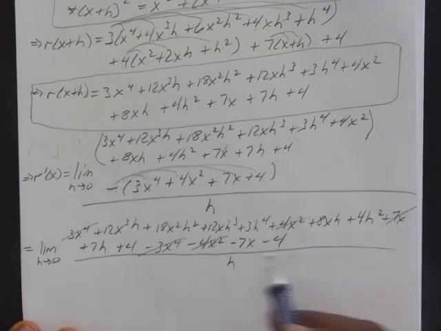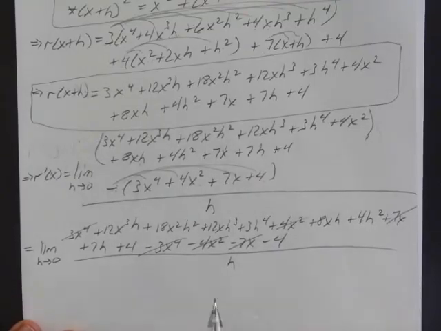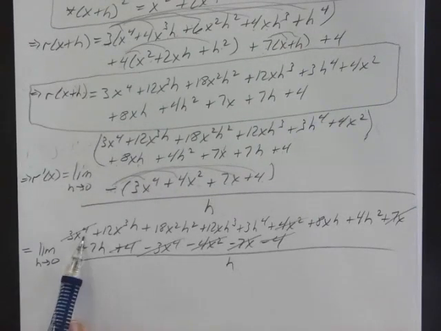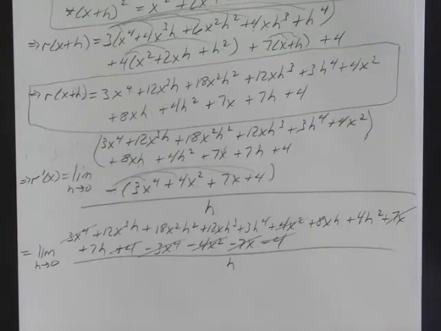You have plus 7x and minus 7x. And you have a plus 4 and a minus 4. So just like before, if you did everything correctly, all the terms that don't have a factor of h should cancel out. So you should just be left with terms that have a factor of h.